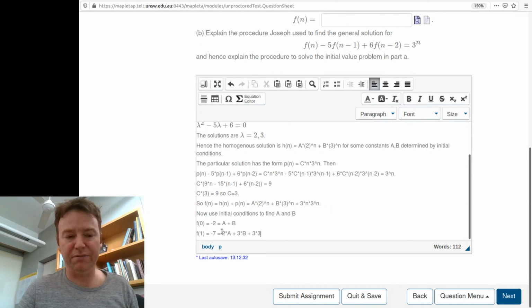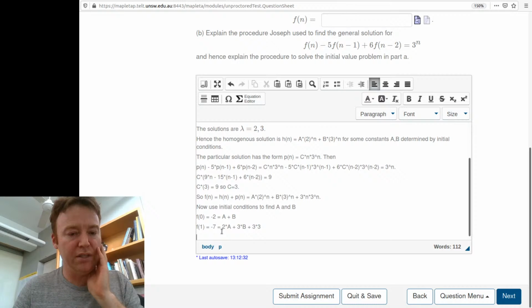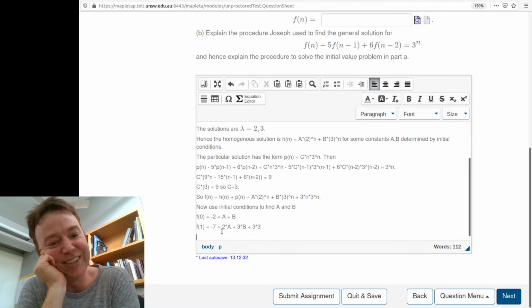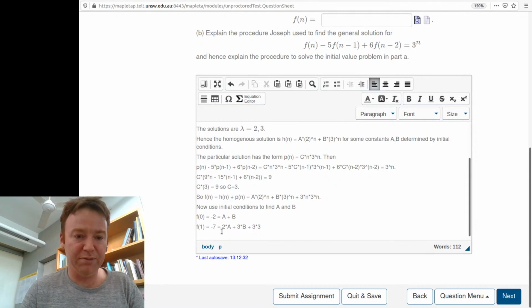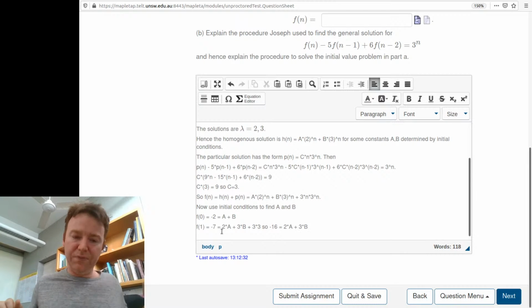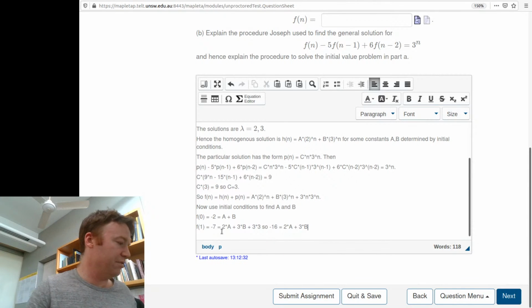My brain's starting to abandon me at this stage. So a plus b is minus 2. I can simplify this to minus 16 is equal to 2 times a plus 3 times b. Can we figure this out? Probably. I'm just going to write something down quickly.